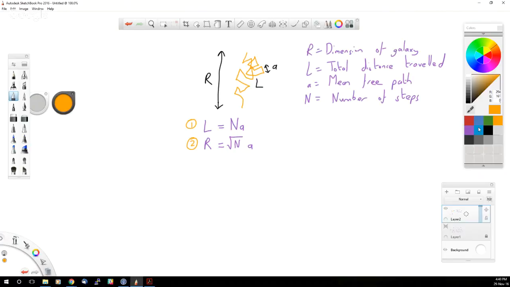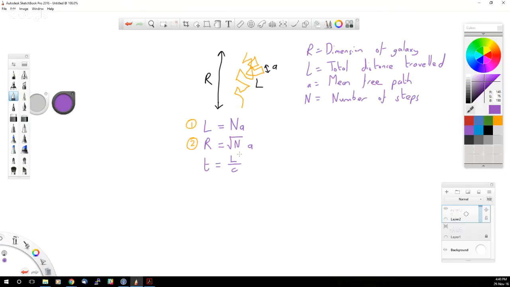And what we're trying to find is the time taken. So the time taken, t, which we're trying to find, is equal to the distance traveled, the total distance, which is L, not R, divided by c, the speed of light, which is the speed of our cosmic rays.